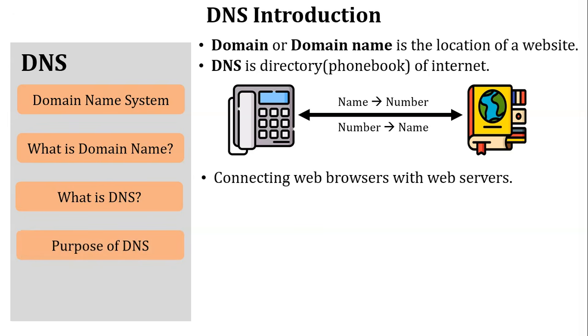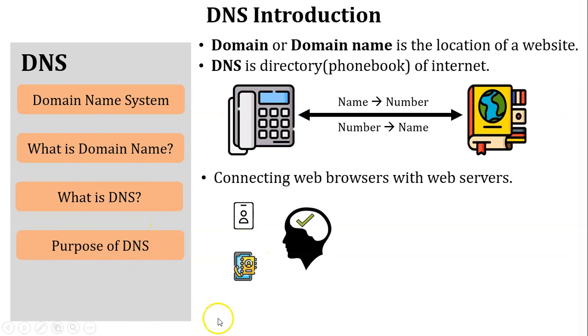Next, purpose of DNS. Before discussing the purpose of DNS, let's take one non-technical example. If someone asks you to remember 50 mobile numbers instead of their names, we all know that the human brain can store limited numbers. But instead of numbers, we can remember as many person names as we want. So we store the number with a particular person name.